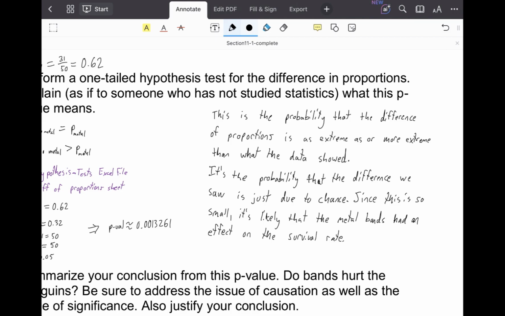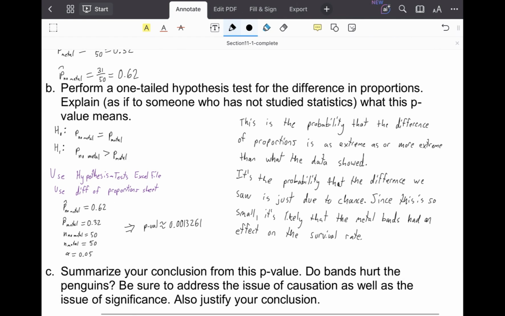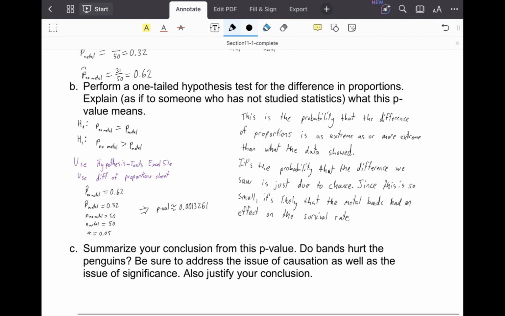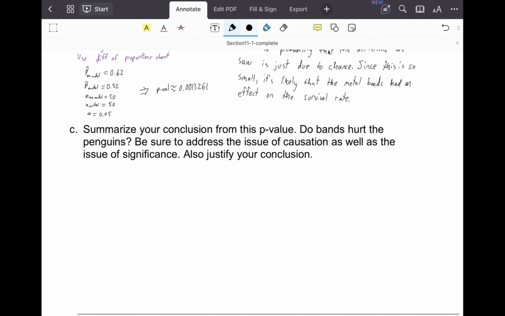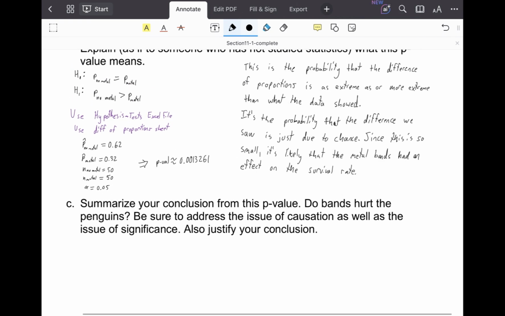Okay, maybe not the best explanation. But this, I kind of like this one a little bit better. The probability of chance, like that name of the p-value is a good way usually to explain. Maybe more emphasis on the survival rate would be warranted, but that's all right.